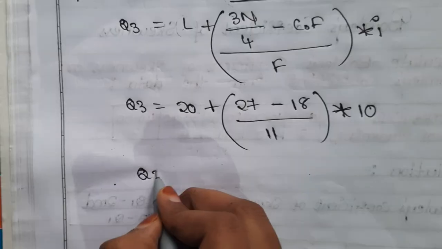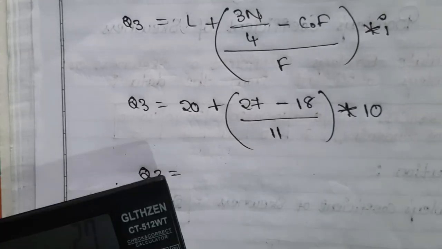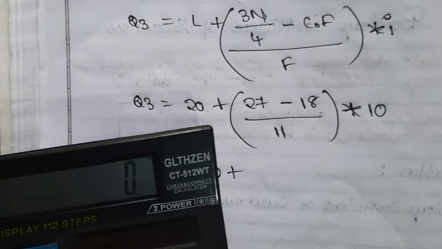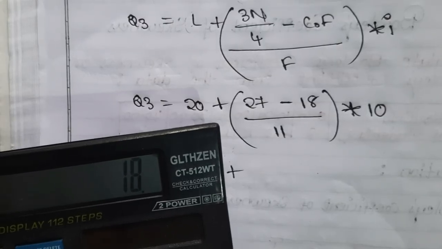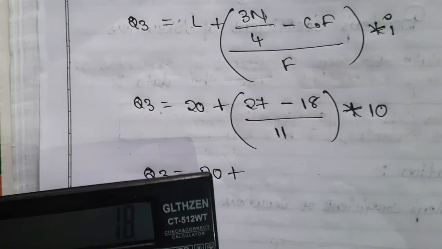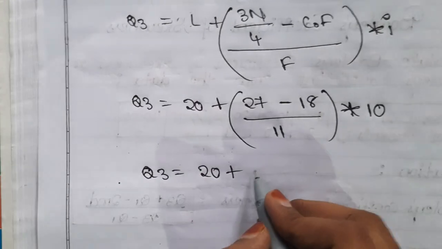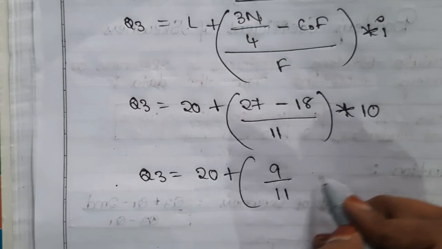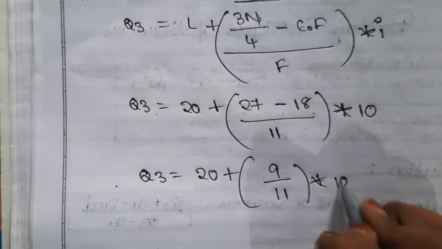Now you just do the calculation. You take 20 plus 27 minus 18. 27 minus 18 how much it is? It is 9. So 9 by 11 multiply by 10.